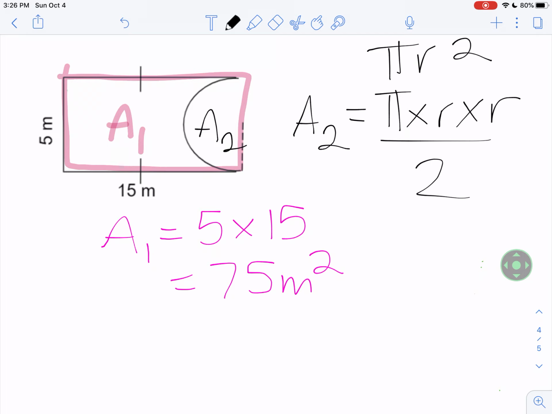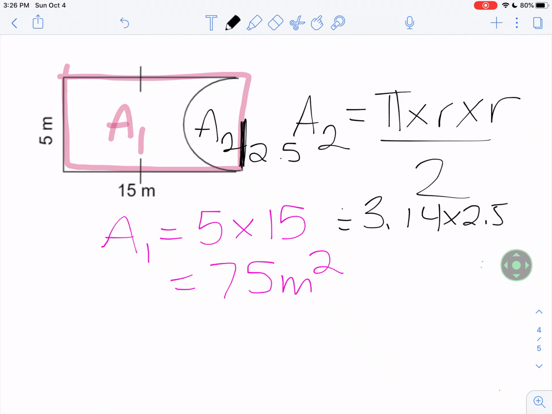In this case, we need to divide it by 2 because we're talking about half of a circle. Pi is approximately 3.14. Our radius is halfway across the circle through the center, or half of the diameter, which is all the way across. Half of 5 would be 2.5. So 3.14 times 2.5 times 2.5, and then we have to divide by 2.